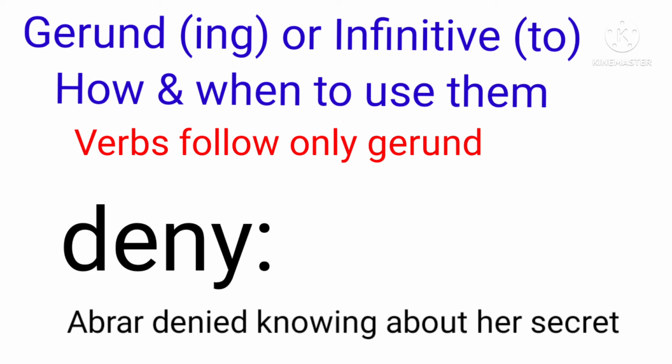We add ing because deny is followed by a gerund. Abrar denied knowing about her secret. You see, now after deny we have knowing, ing, because this is a gerund. Deny is always followed by a gerund.